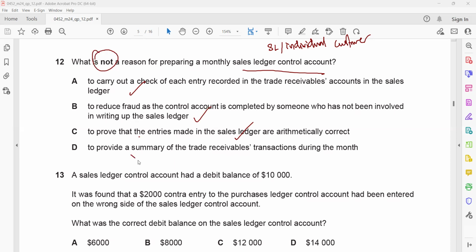Okay, this is a summary, correct. To carry out a check of each entry recorded. Okay, this one, each entry recorded, is not our job to check individually, because if the entry is not recorded, we also cannot see the omission in the book of prime entry. So this one is unlikely to happen.